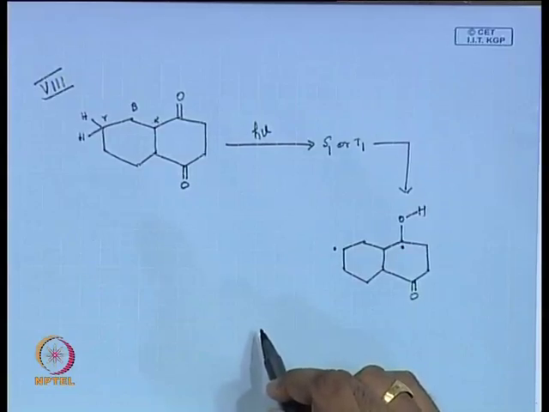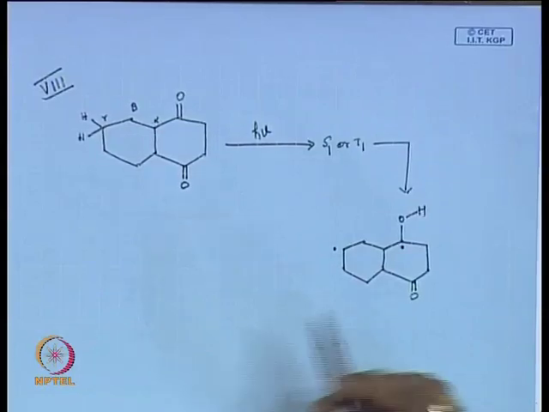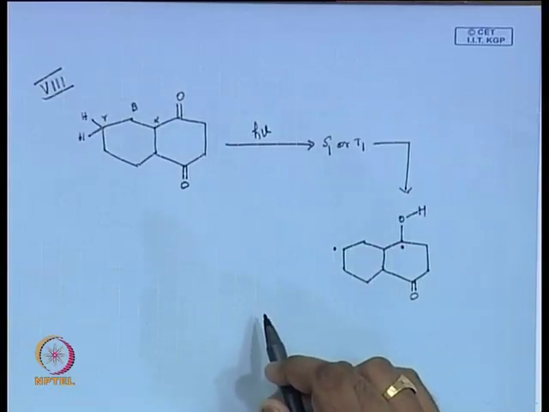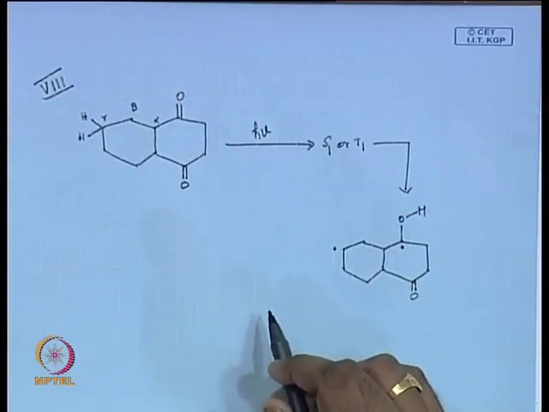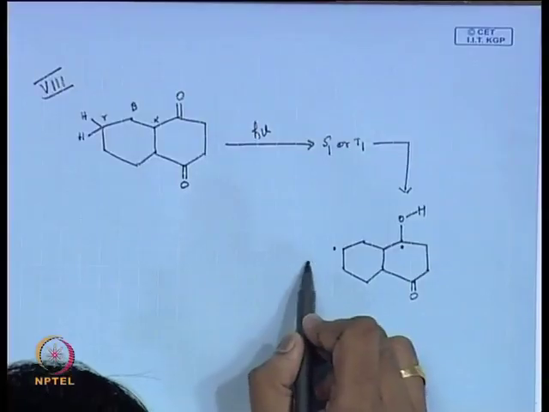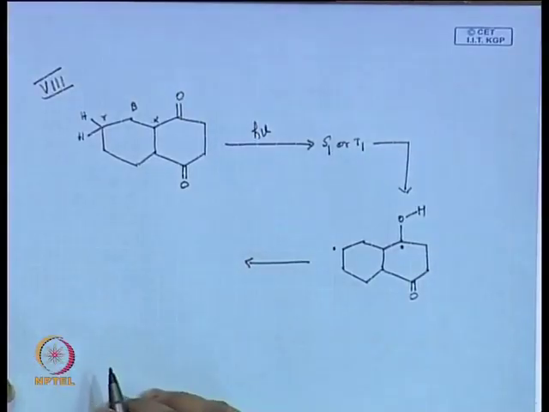Can I cyclize this? No, I am just asking. Can I cyclize? No. This molecule preferred to cyclize. Okay, we will try to cyclize this, see why it is happening. Just cyclize this and see what you are going to get.